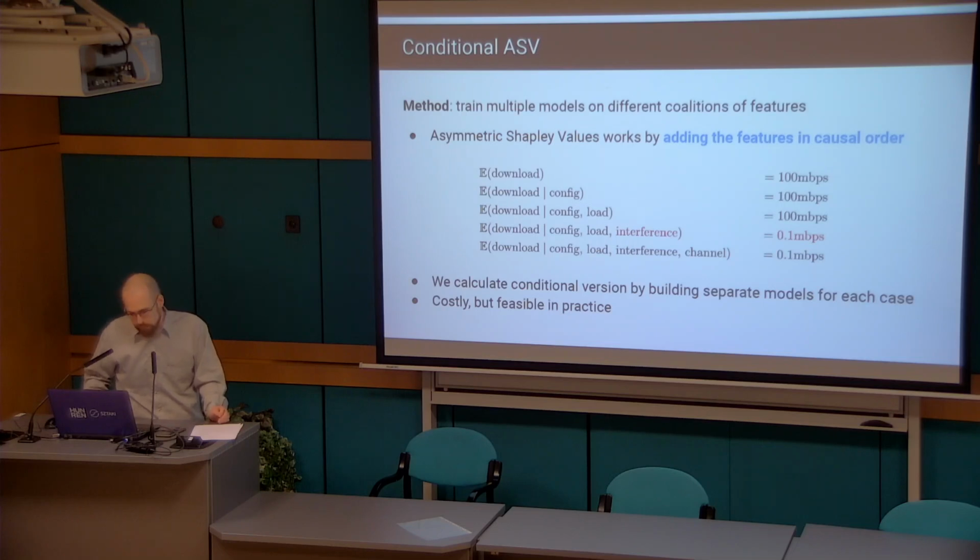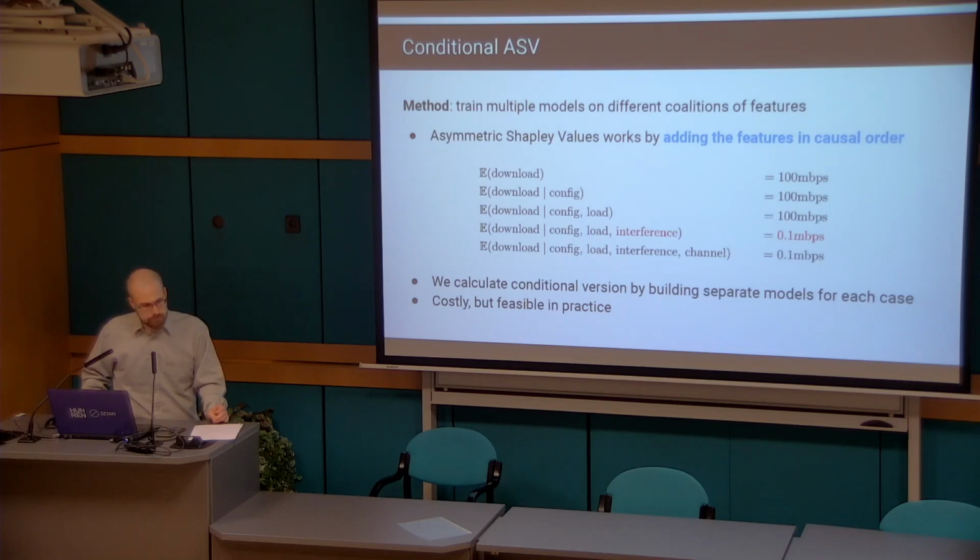And the most effective one was where we trained different models for these different expected values. And we do a small proof that this is supposed to approximate the conditional version of Shapley values.